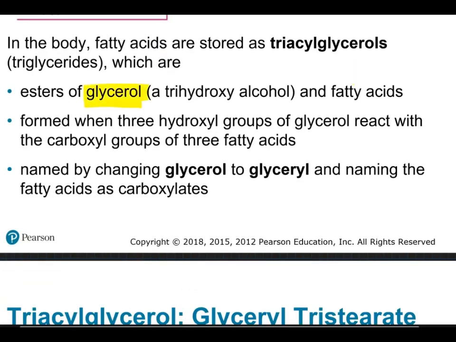Glycerol is the alcohol with 3 OH groups, which can form ester bonds with fatty acids. And when we name those, we change glycerol to glyceryl, just like we change methanol to methyl, and ethanol to ethyl.